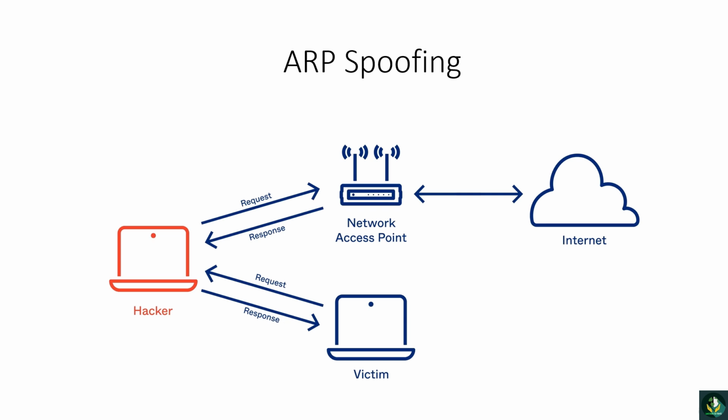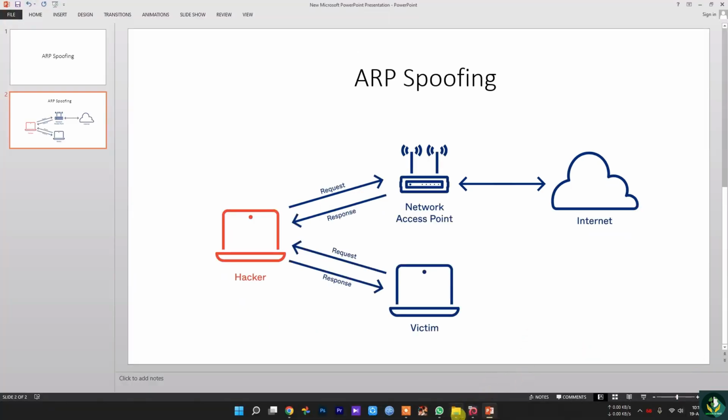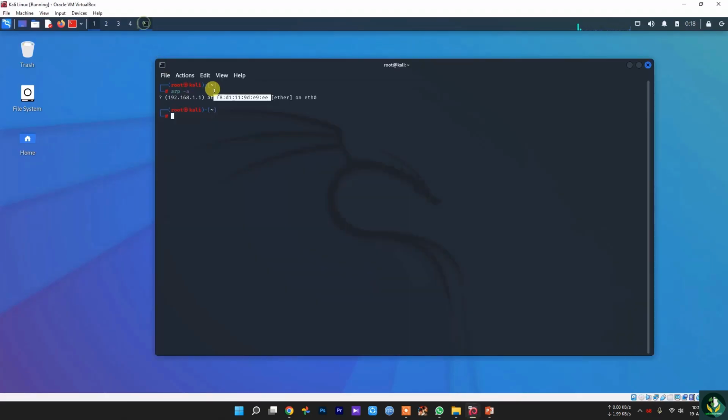So when I say that I am at that IP, which is this, it is going to trust and believe this, even though I'm clearly not at this IP. So these are the two main weaknesses of the ARP protocol that allow us to run the ARP spoofing attack.